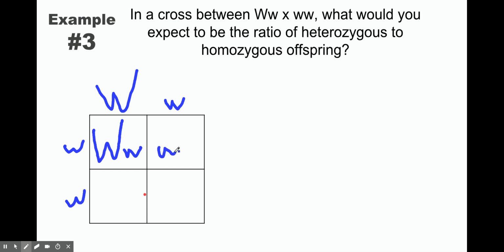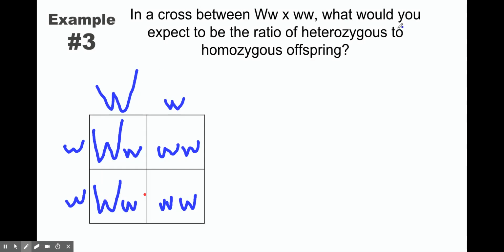Pull down a little w and over a little w. Down big, over little. And then here we've got two littles. All right. So there's our completed Punnett square.